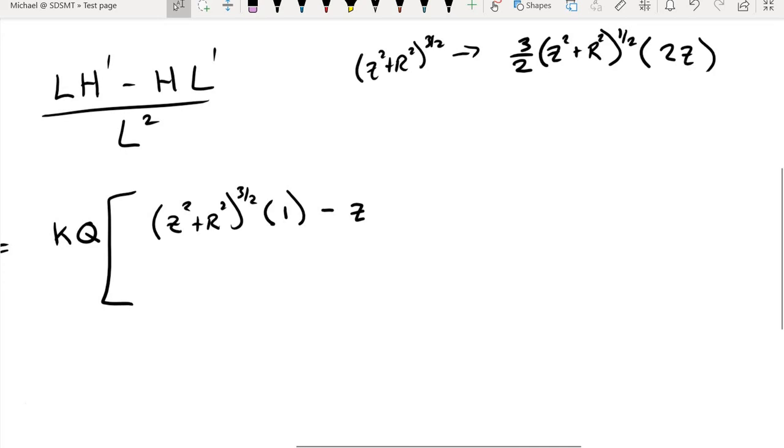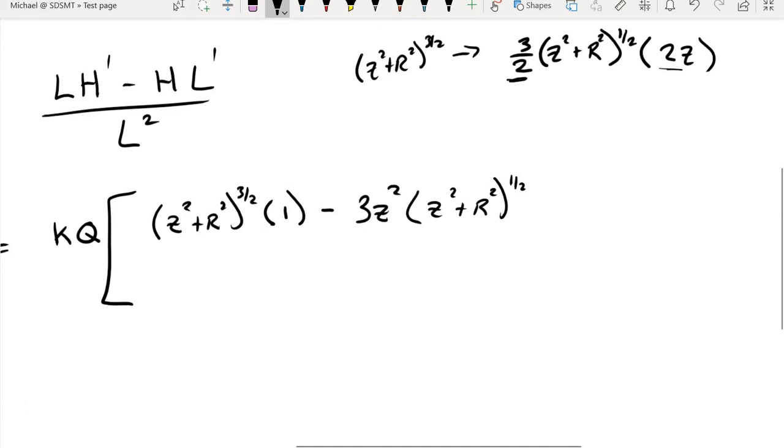So that is the derivative of our denominator, and all that will have to go right in here with our other terms. There's 3 halves and 2z, so that's just going to come out to be a 3z, but then I'll pair it together with the z that I have out front here, which means I have 3z squared, and then everything inside of that parenthesis set, which is to the 1/2 power.